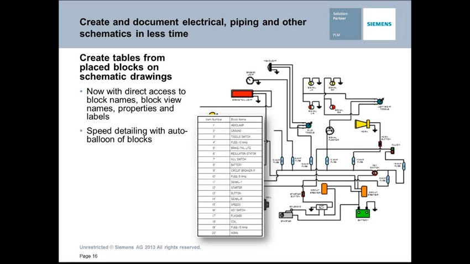These schematics have blocks in them. And even though drawing pretty pictures is great, it's even better now that we give you the ability to put in a block table. So now you can have a bill of materials of your blocks so that you can do a block count, just like those guys in AutoCAD can.